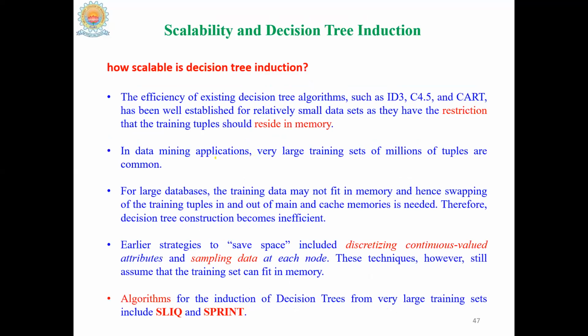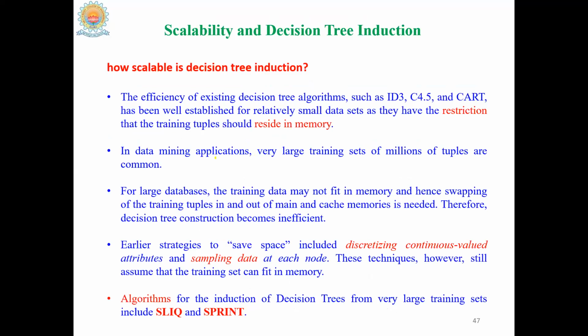So here, coming to the last concept of the decision trees, scalability and decision tree induction. How scalable is the decision tree induction? What is meant by scalable? Wherever you heard the word scalability, it means what happens if the size of the data set grows. If you have the largest data size, what happens then with the decision tree classifier?